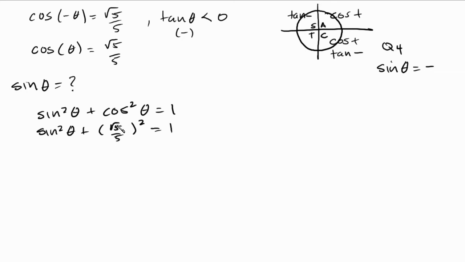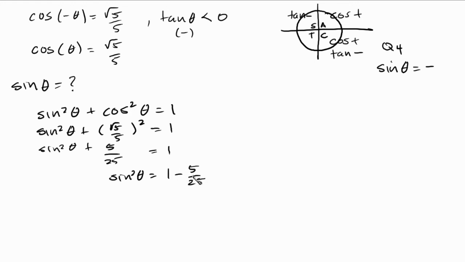And if we square the root 5 over 5, we'll get this: sine squared theta plus root 5 squared is 5, 5 squared is 25, and that's equal to 1. And then we subtract 5 over 25 from both sides, and we get sine squared theta is equal to 1 minus 5 over 25.